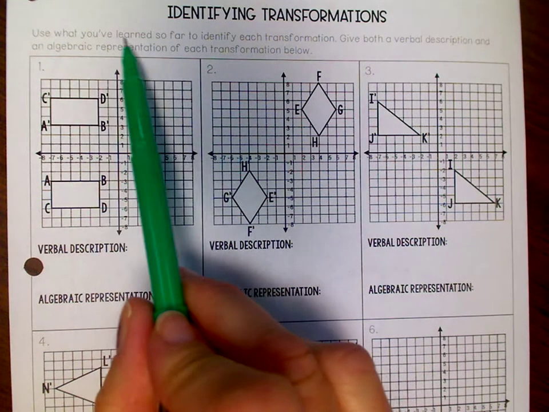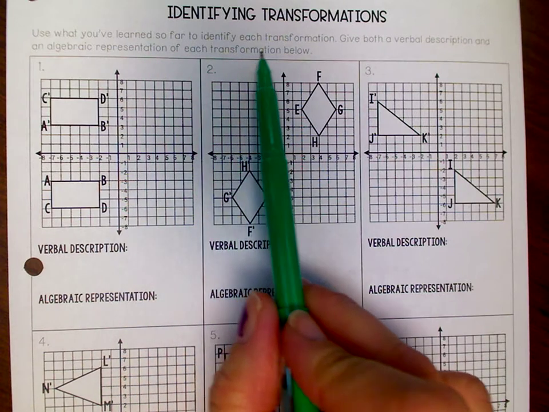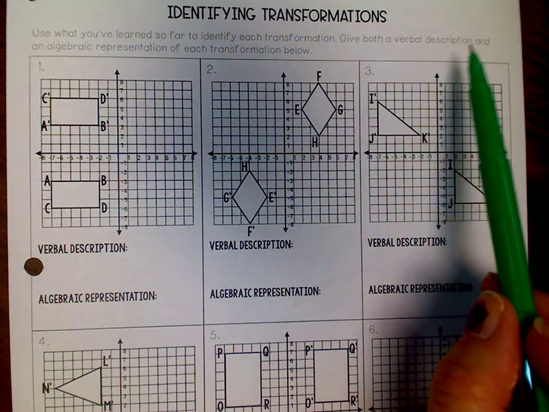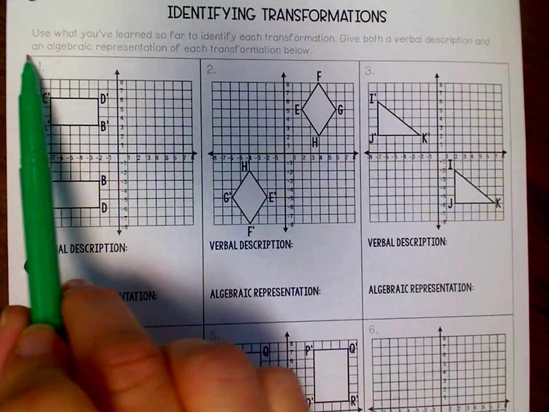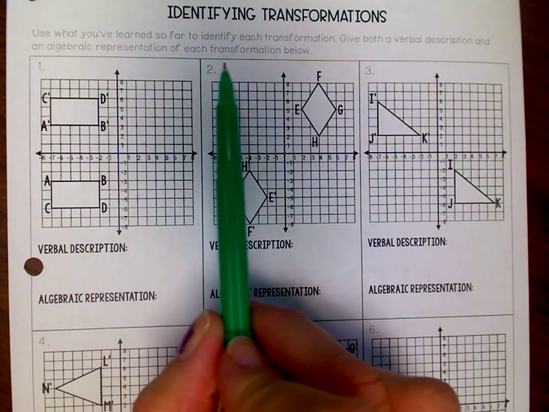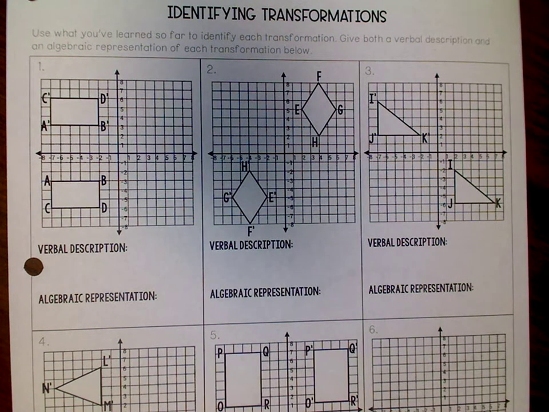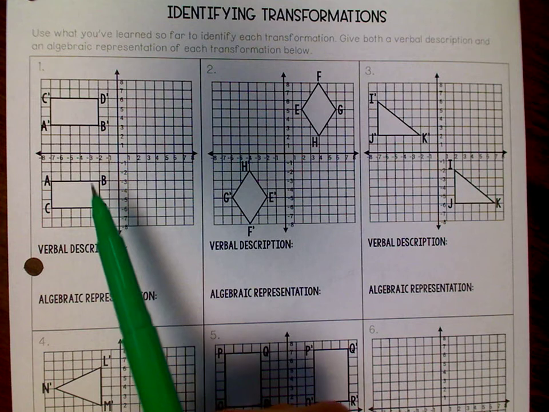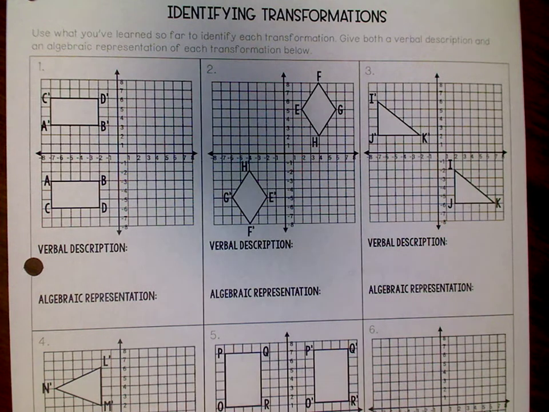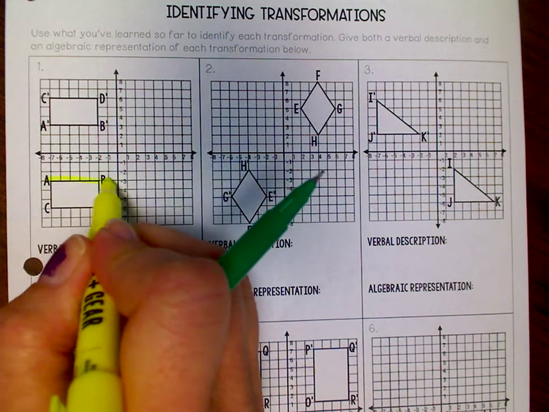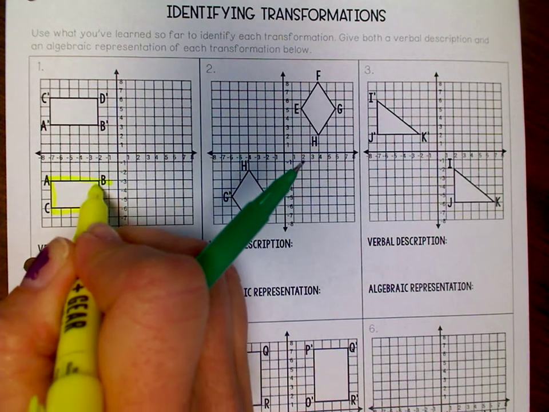Use what you've learned so far to identify each transformation given both a verbal description and an algebraic representation of each transformation below. So, number 1, first I want you to highlight the original image, which is also called your pre-image.